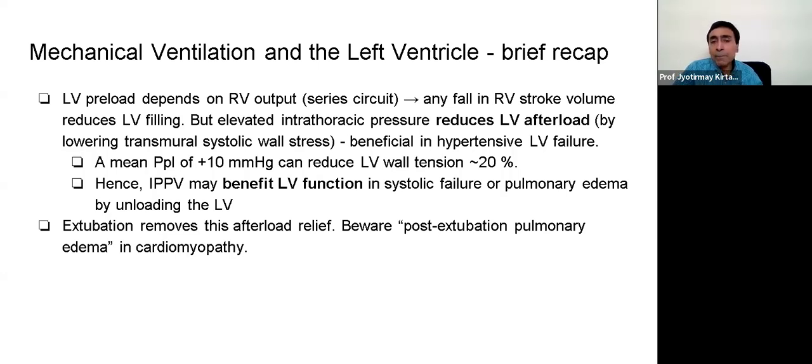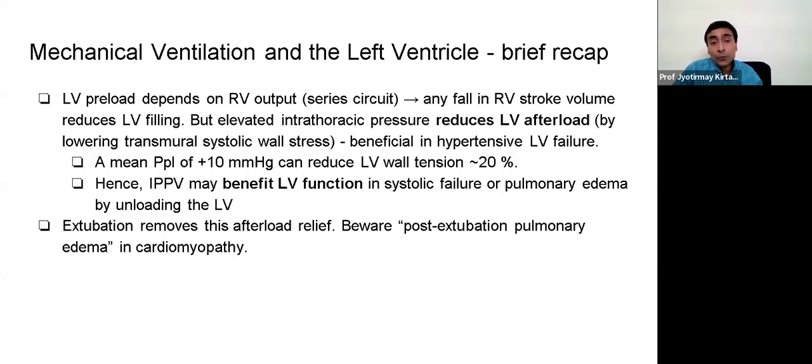Observe very carefully, some patients have a deterioration after extubation, particularly those patients who had heart failure, or who, after extubation, because of sympathetic reactivation, pain and all these things, develop heart failure. So what is happening is that the protective effect of the mechanical ventilation on the left ventricular function, which is already failing, just vanishes as soon as you extubate the patient.